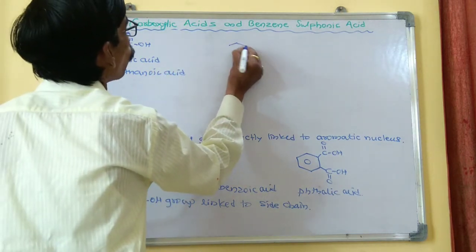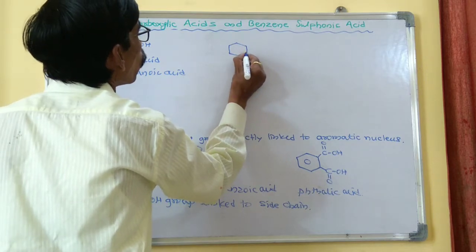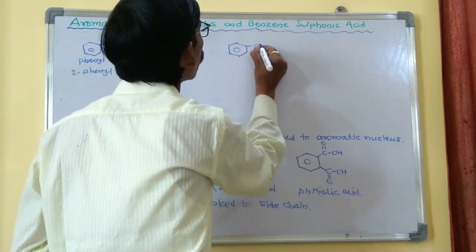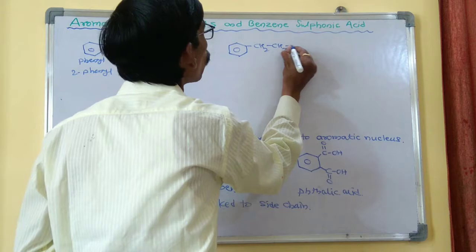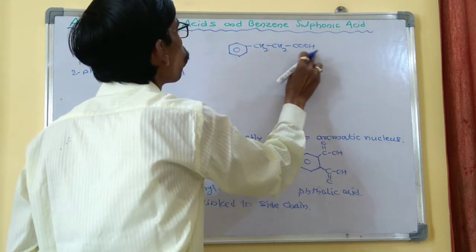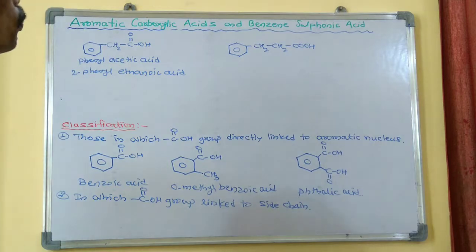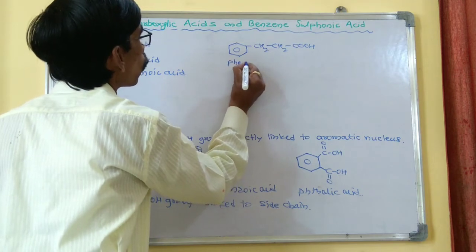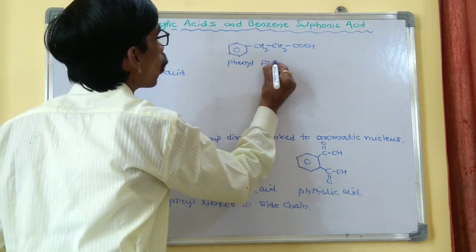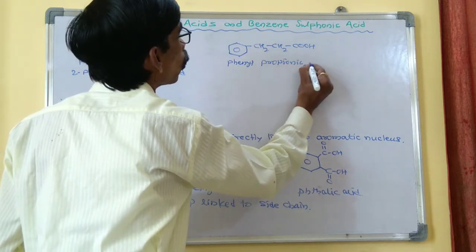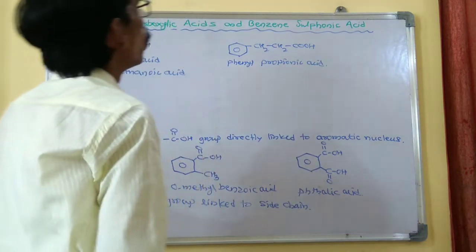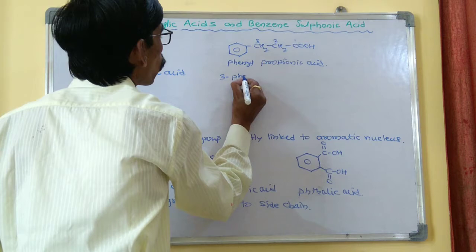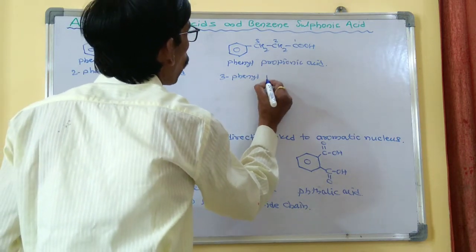Another example, CH2, CH2, COOH, and this COOH group is actually linked to this side chain, and therefore it is called phenyl propionic acid, or it is also called 3-phenyl propionic acid.